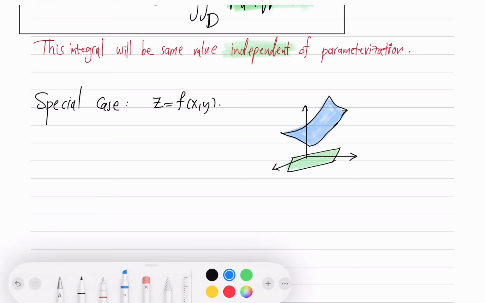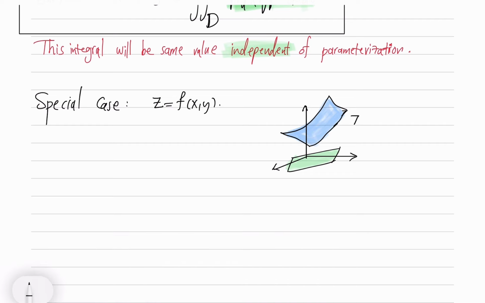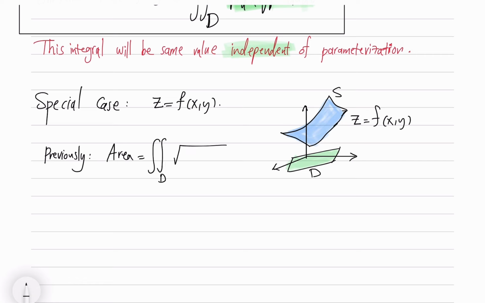The surface is the set of points (x, y, f(x,y)), where (x,y) is chosen from the shadow D. We have previously claimed that the area is equal to integrating over the shadow this quantity, the square root of 1 plus partial of f with respect to x to the power 2 plus partial of f with respect to y to the power 2, dA, which is the shadow, let's say dx dy.